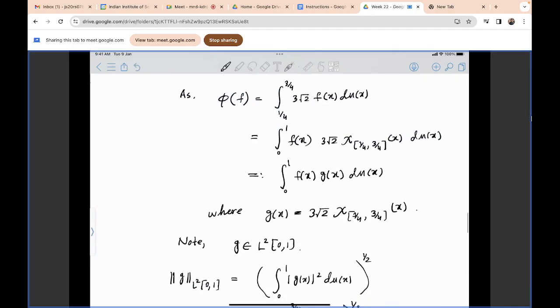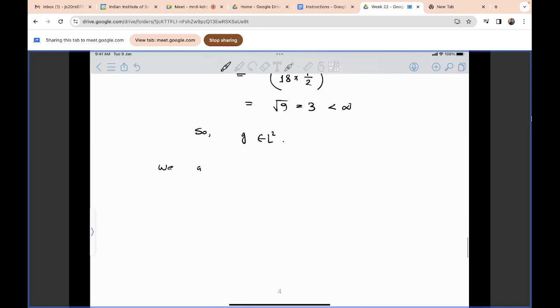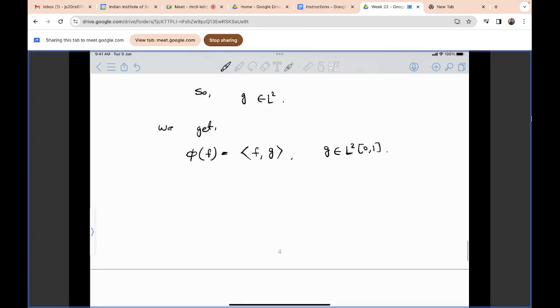Now the Riesz representation says that P of f is given by the inner product of f with g, where g is in L2, for a unique g. So this should be the g. So by the Riesz representation theorem, the norm of P will be the L2 norm of g.